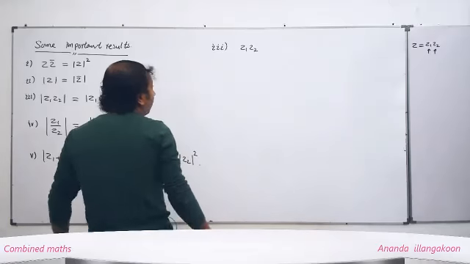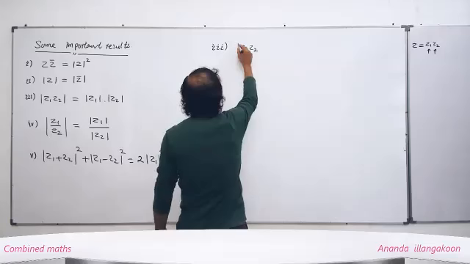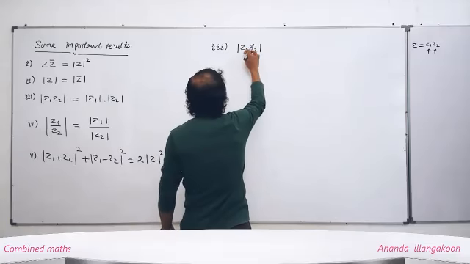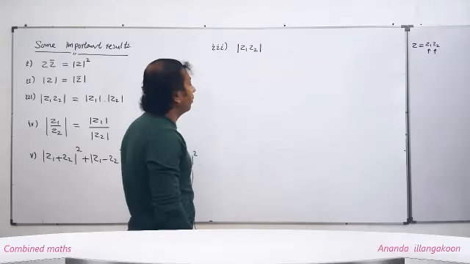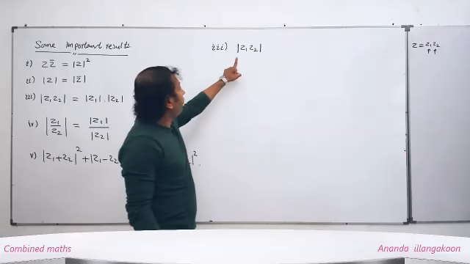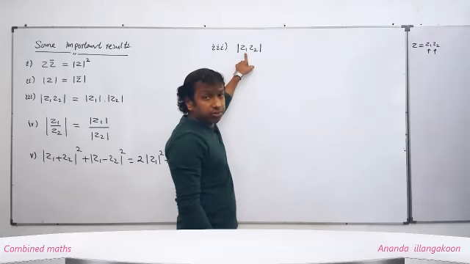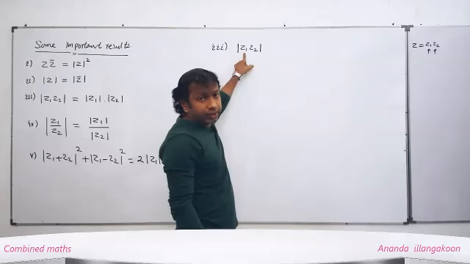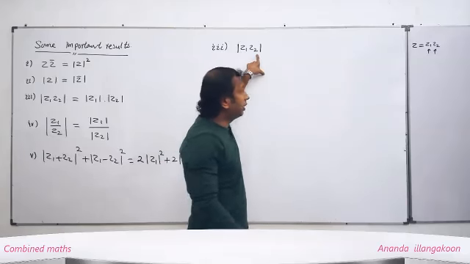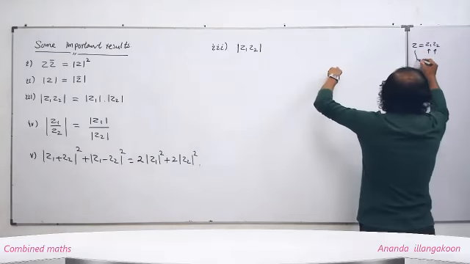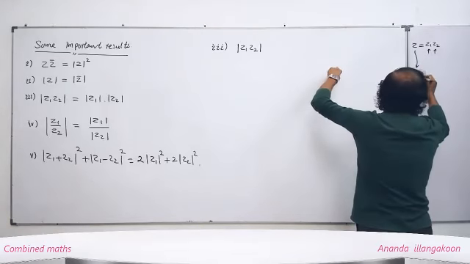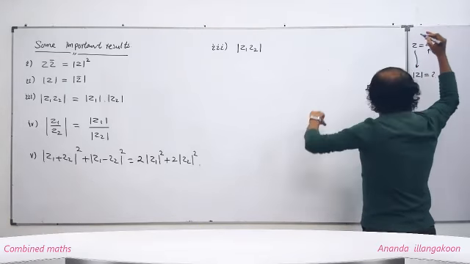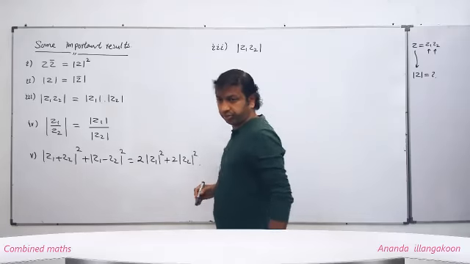Right. Then now I need the modulus of this, people. The modulus of the Z1 Z2 product. Since this is a complex number, only its modulus we need to find. In other words, I need this modulus of Z. This only I need. Right.